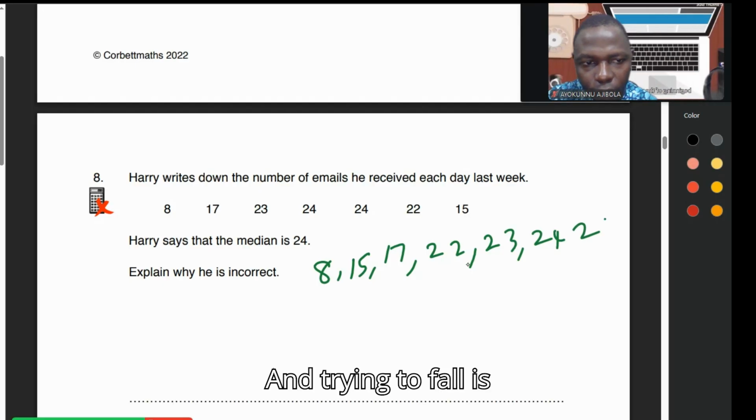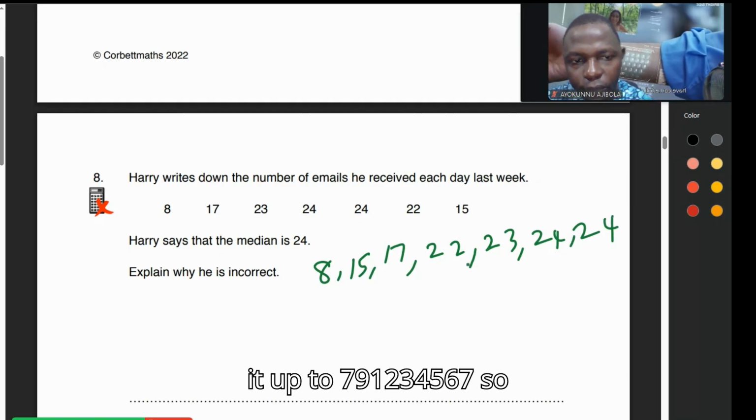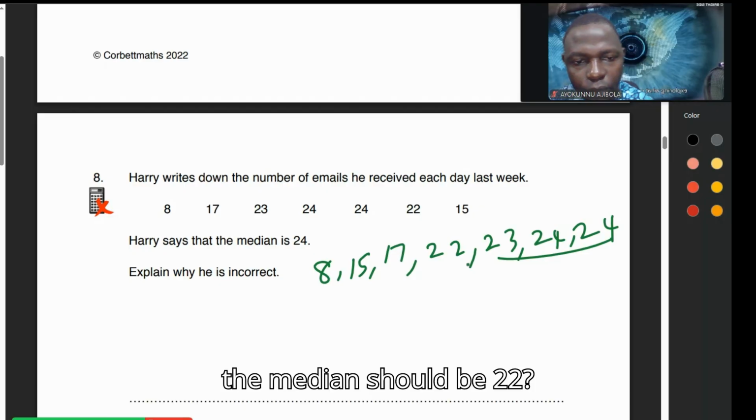and 24. Is it up to 7 now? 1, 2, 3, 4, 5, 6, 7. So the median should be 22.